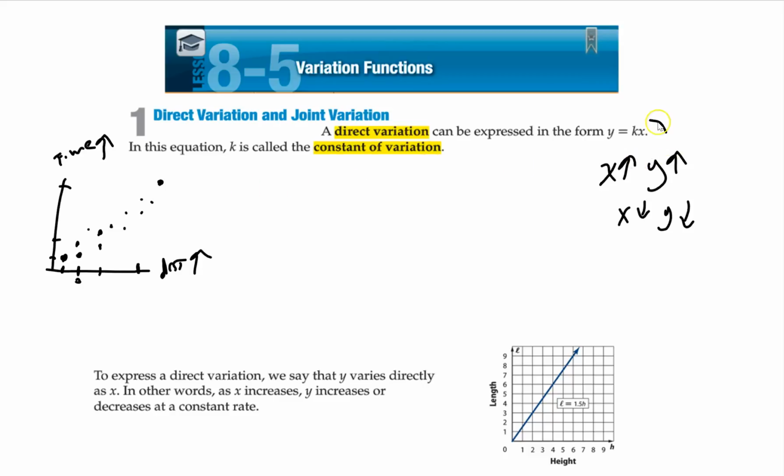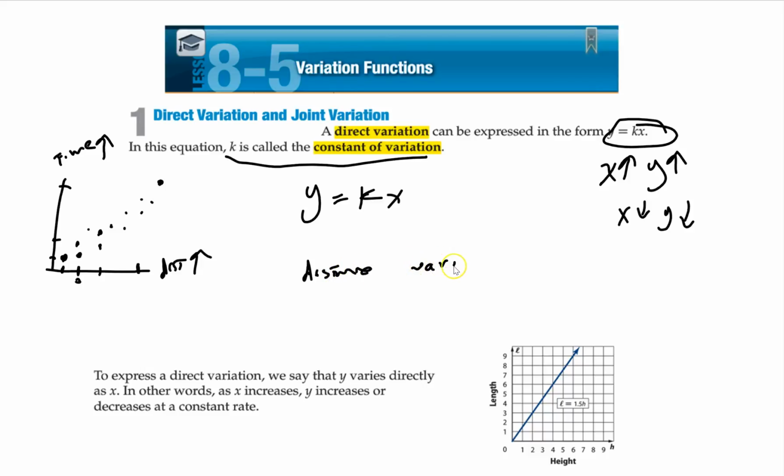And the formula for that is this right here: y equals kx, where k is called a constant variation. So as we do this, you're always going to have a k. k is a constant variation. So we're going to say something like distance from school varies directly as time it takes to get to school.